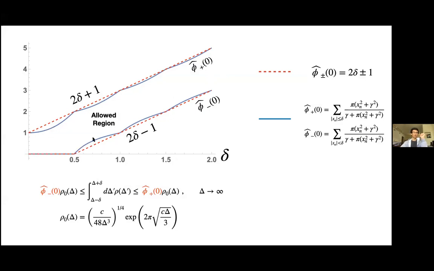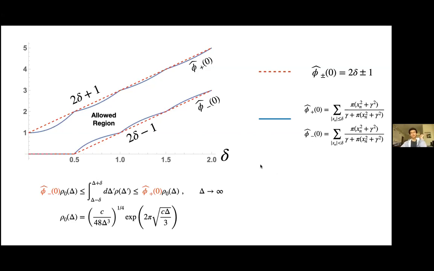And when to delta is not integer, we use this Littmann summation formula to derive optimal bounds in that case. That is this blue line. And this is all asymptotic at large delta. And this is the allowed region. So this is essentially the summary.